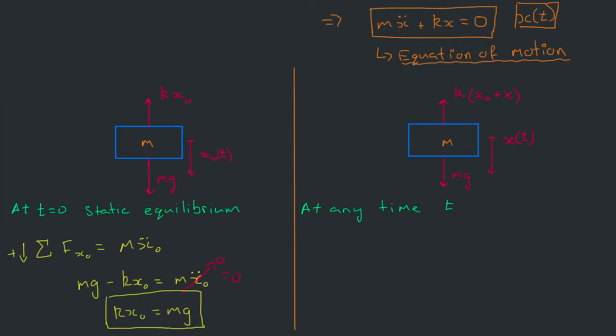Now, I'm just going to draw off to the side to make sure we don't have any confusion here. I could have drawn it like this. One arrow up from t is equal to 0, and then another arrow up for t is equal to anything. And this one here, t is equal to anything, would be x, and then t is equal to 0 would be x0.